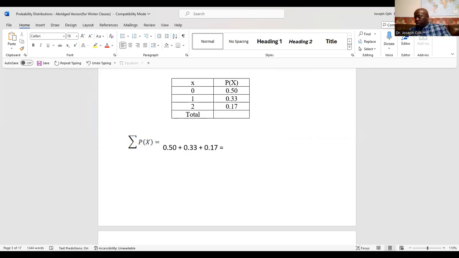Go and get the calculator and calculate this. 0.50 plus 0.33 plus 0.17. Let's go and add it.